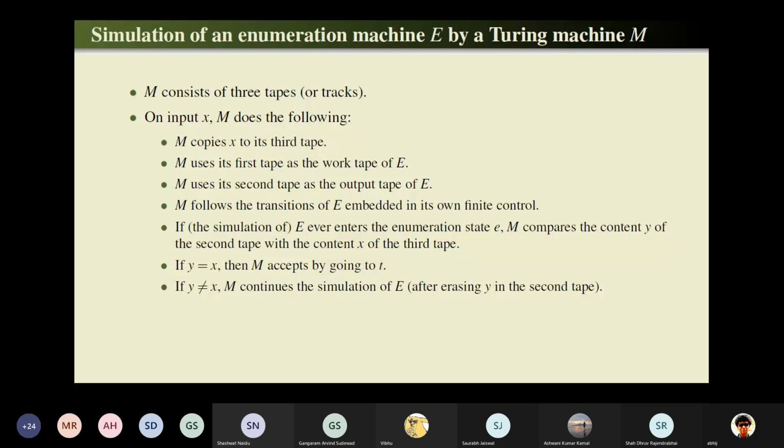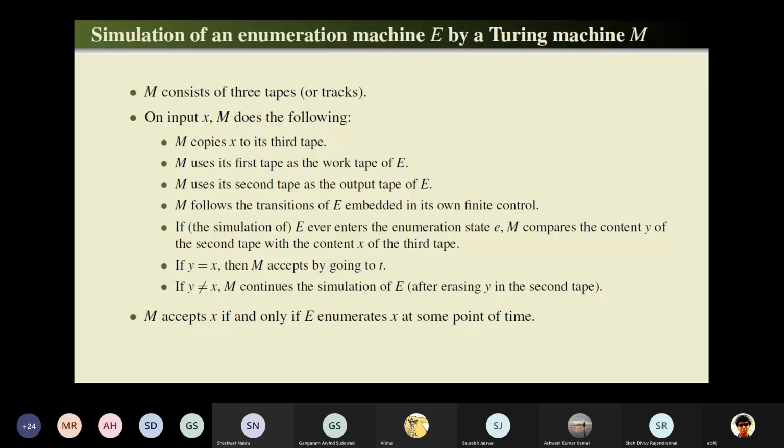Now, if E eventually enumerates X, this will be detected by M. It may take a long time, but it will eventually be detected. So if E enumerates X at some point of time, M will accept. And if E never enumerates X, then our M will keep on simulating the enumeration machine forever, perhaps.